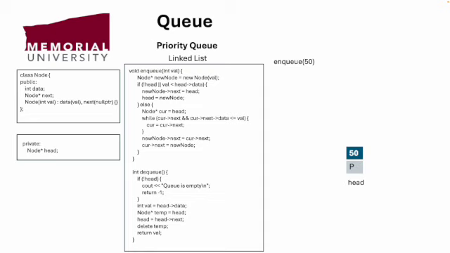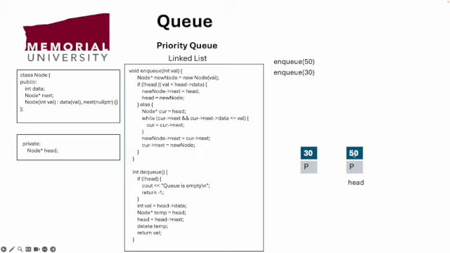Make sense? Let's do another one, 30. We have another new node created for 30. Now the head is not none, right? The head points to this element. So not head equal to false, but we need to check this OR condition as well. We want to compare whether the value is less than the head data.